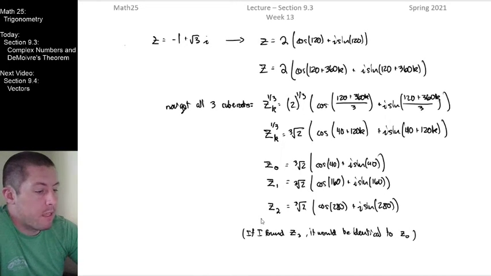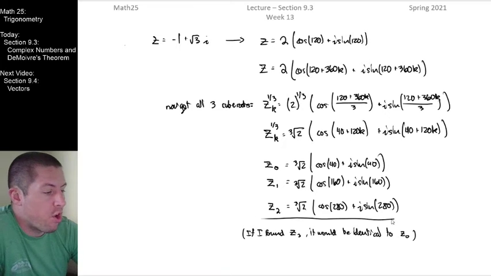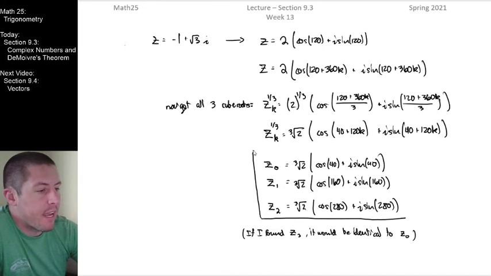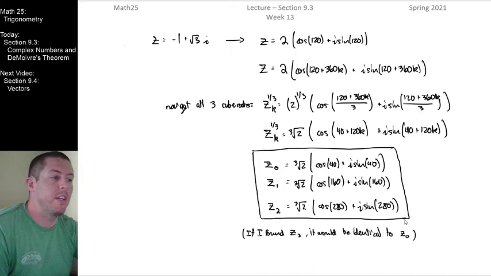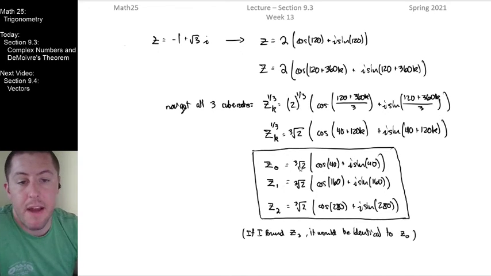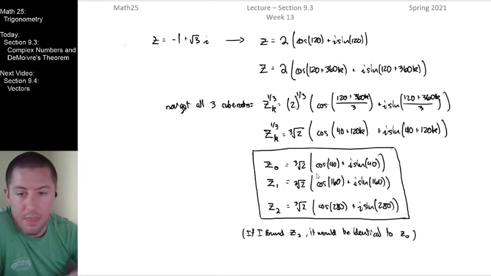So, as promised, since we were finding the cube root of a complex number, we did in fact get three distinct numbers, all of which we could cube and we would get back to our original z.